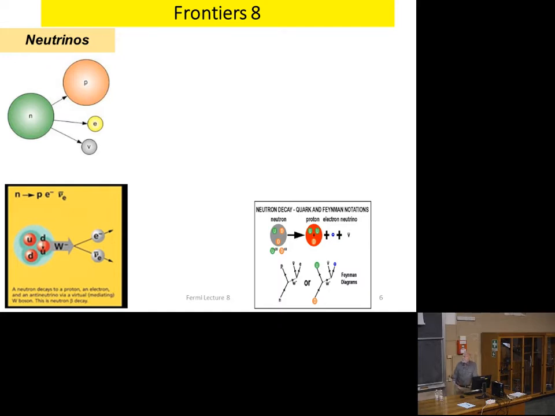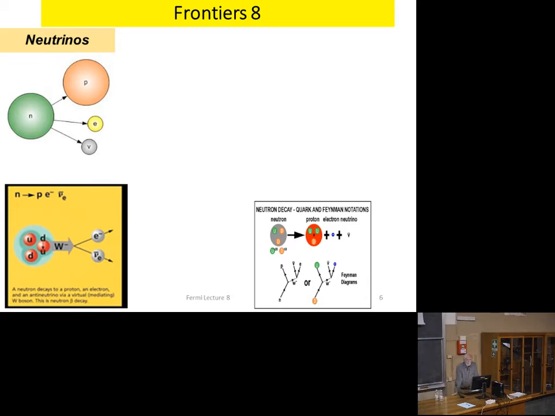On the top, I just show it as a bunch of pictures, but here I've shown it the way I did last time as quarks, where what's happening is somehow inside the nucleon, one of the quarks is changing identity in order to make a proton, from a down quark to an up quark. That we have to understand and describe if we're going to describe the decay of a neutron. And then in the final state, it makes an electron and a neutrino. So a neutron makes a proton, an electron, and a neutrino.